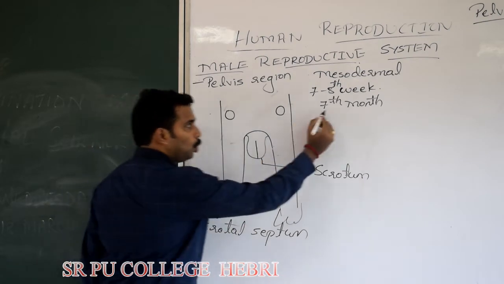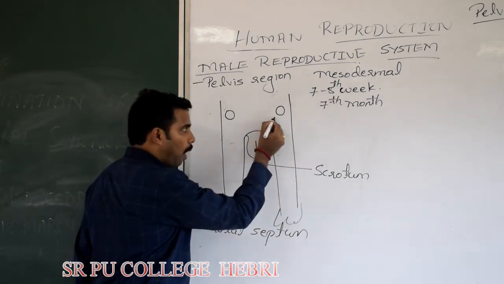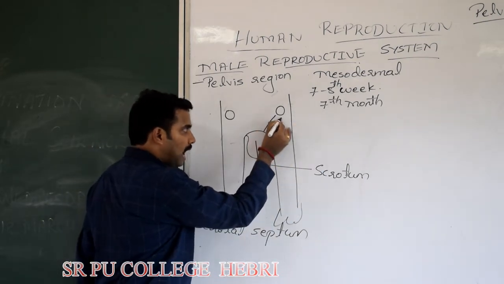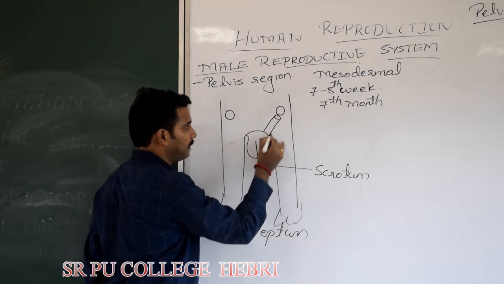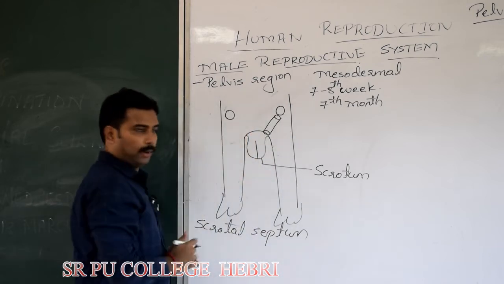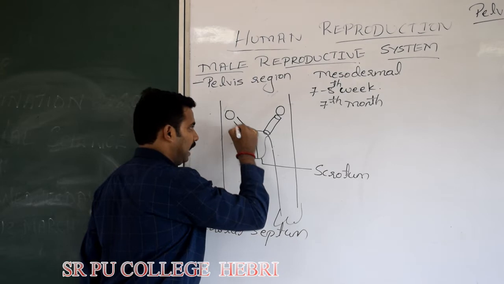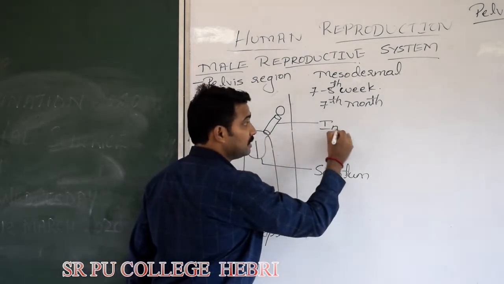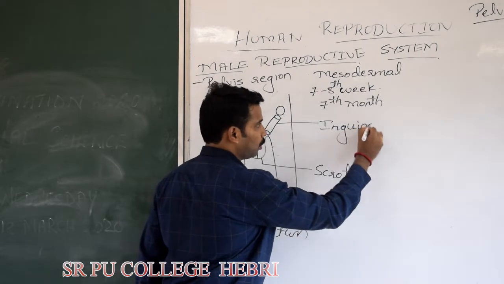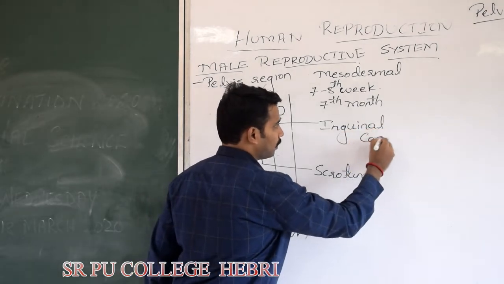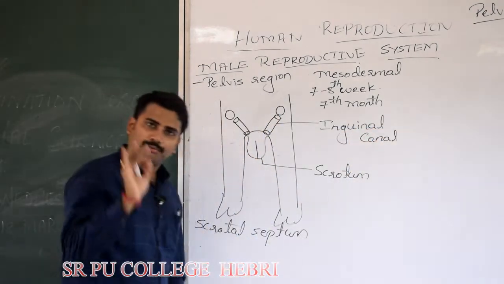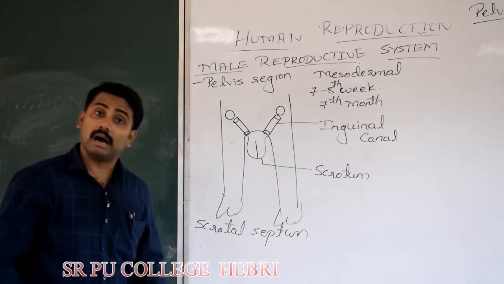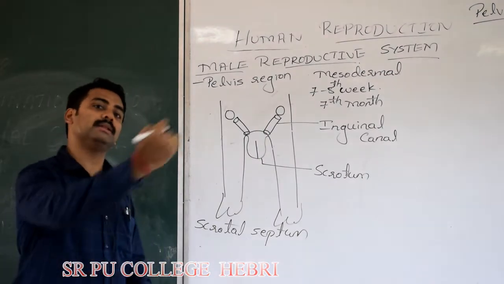Now, during the 7th month only, a canal formation can be seen, which is already developed. That canal we call it as, this is a neat point, note it down separately. I will introduce a few important points; the others I will discuss in detail in the next session.